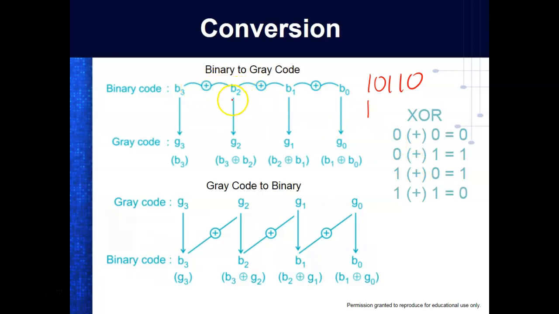This is called an exclusive OR. I would take this one and do that. So that would be a 1 and a 0. A 1 and a 0 would give me what? Would give me a 1. Then a 1 and a 1 would give me a what? 0. And then a 0 and a 1 would give me a what? 1. And then a 1 and a 0 would give me a what? A 1. And that would be the way we do the gray code.